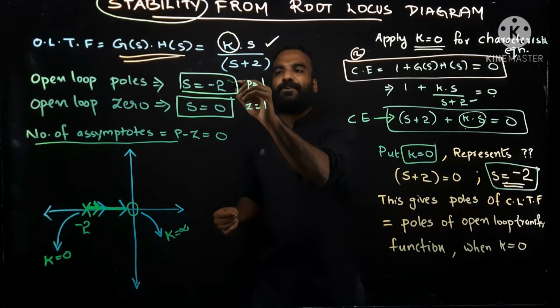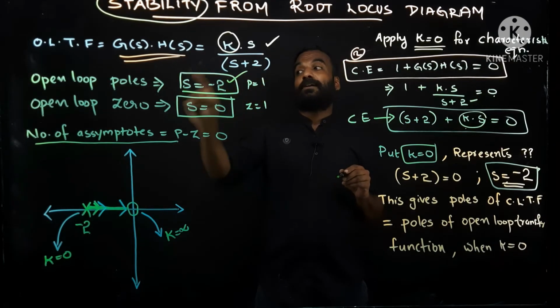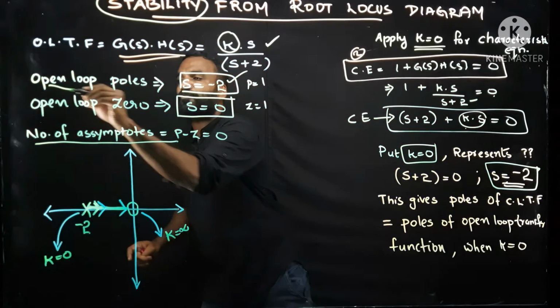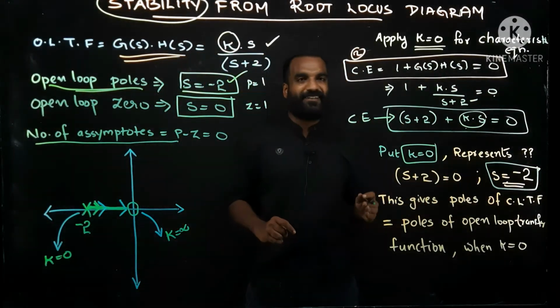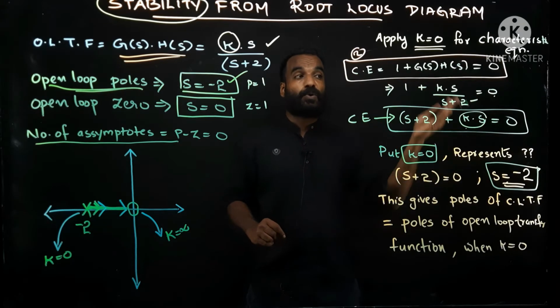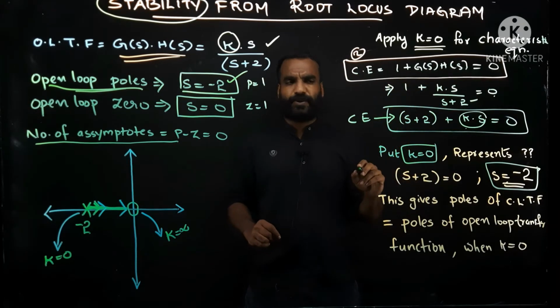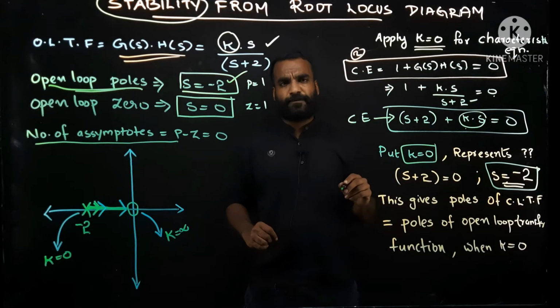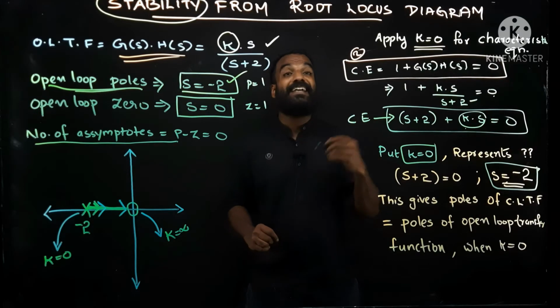On the left side, you will get s is equal to minus 2 as the pole of the open loop transfer function. But on the right side, I find the closed loop transfer function denominator, that is nothing but the characteristic equation, and I took the solution, that is the pole of the closed loop transfer function with k is equal to 0.